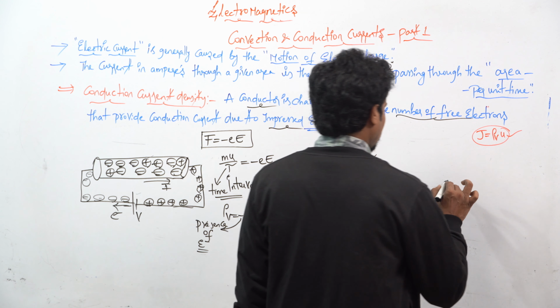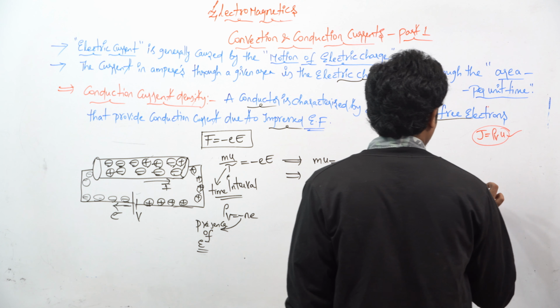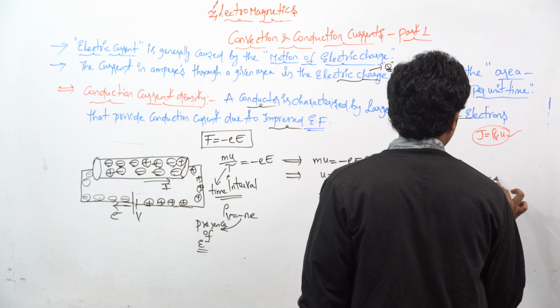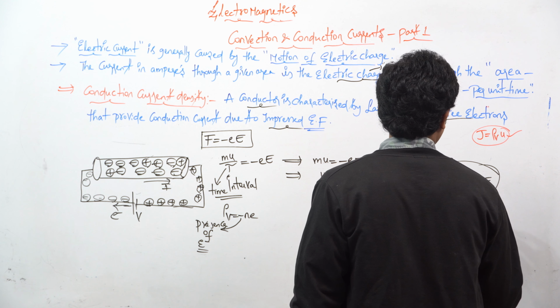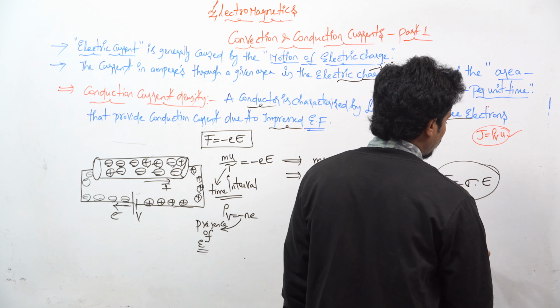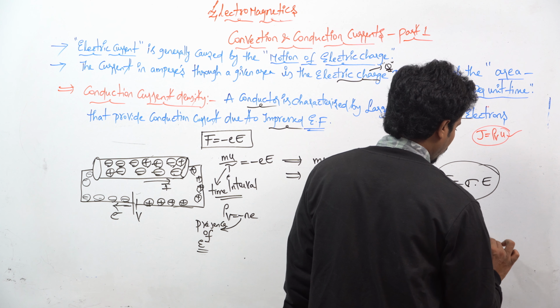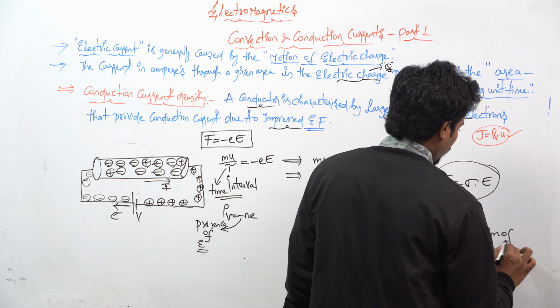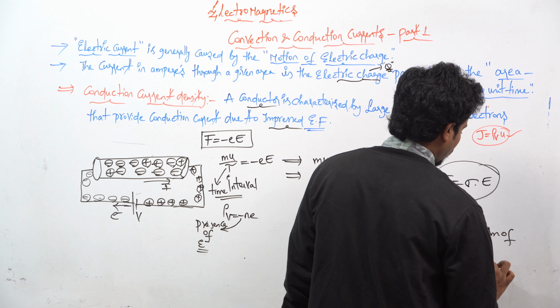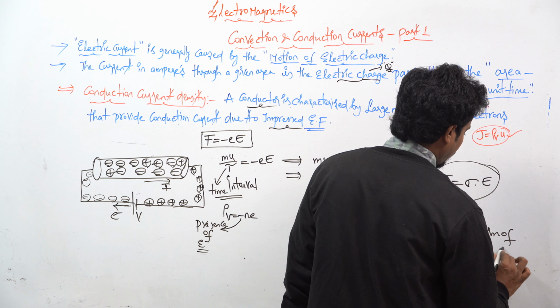Substituting that here, J is equal to sigma into E. This is said to be the point form of Ohm's law.